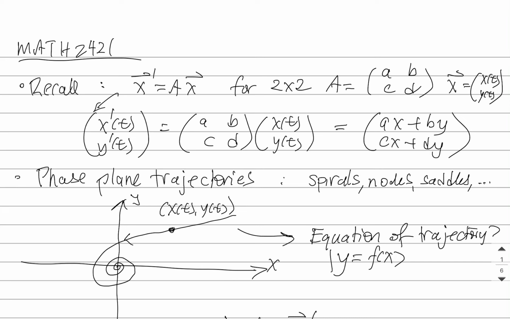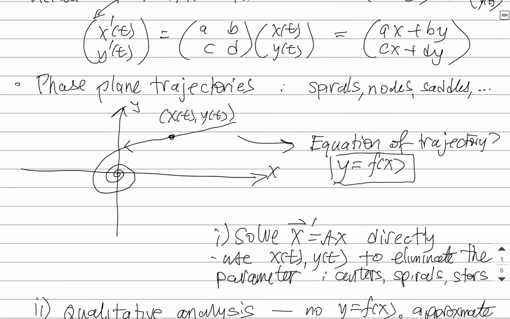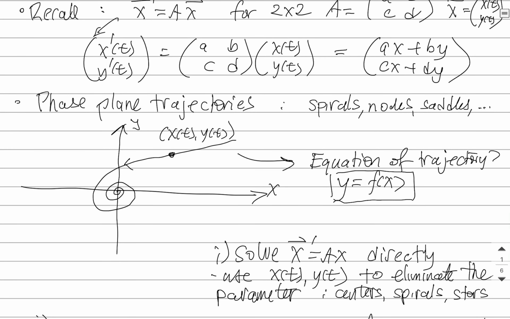So could we, for example, develop a Cartesian equation for something like a spiral or a center? Now, there were a lot of different ways that we went about this. So, for example, we could solve the system directly, get formulas for x and y. Both of those would be in terms of t. And then what we did in the past was eliminate the parameters.